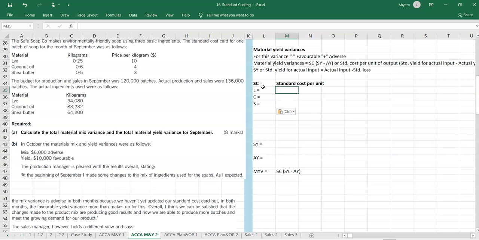So they consume 0.25 into 10, 0.6 into 4, and 0.5 into 3.